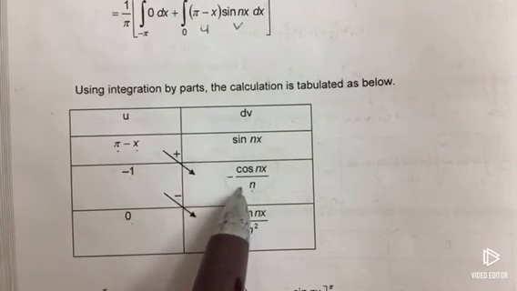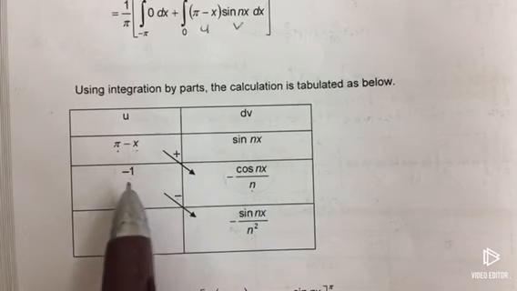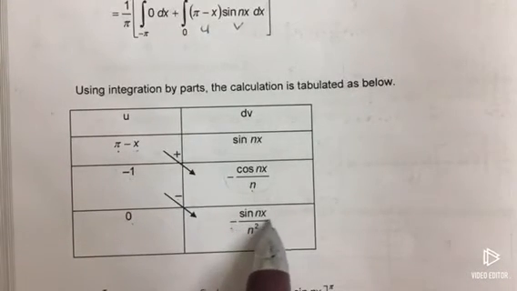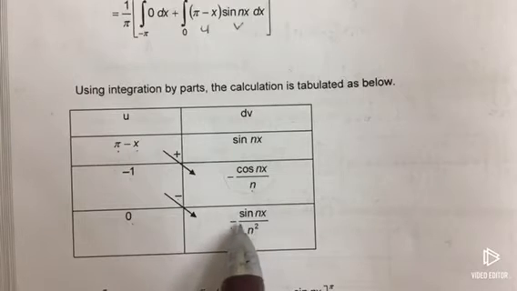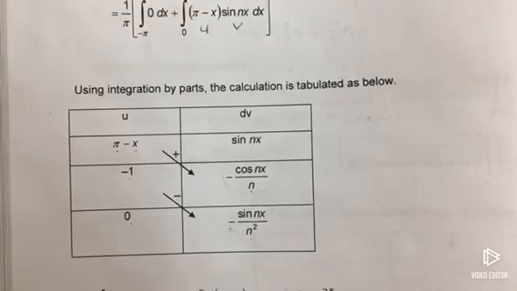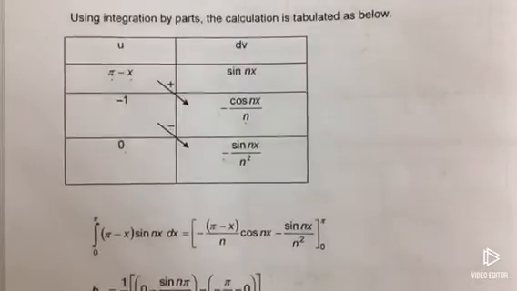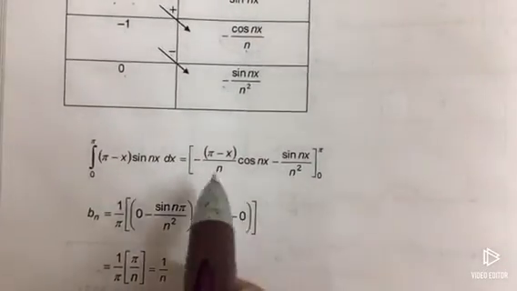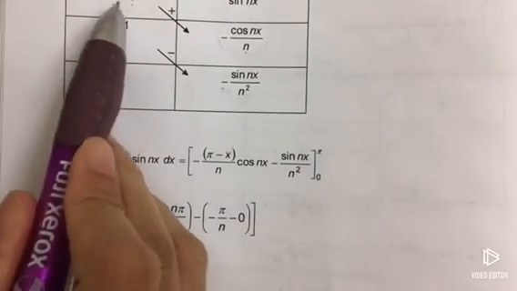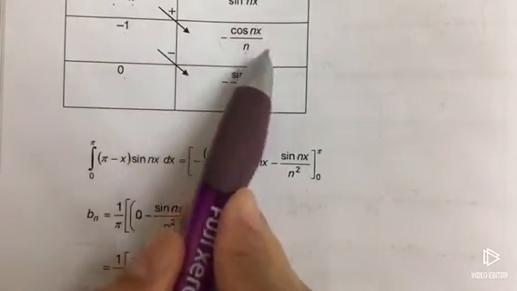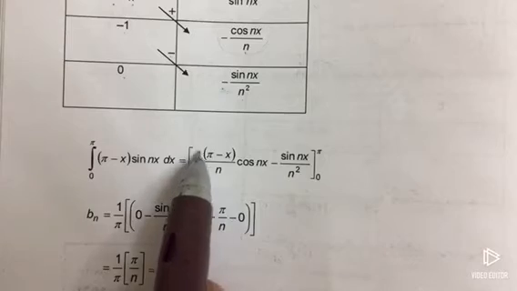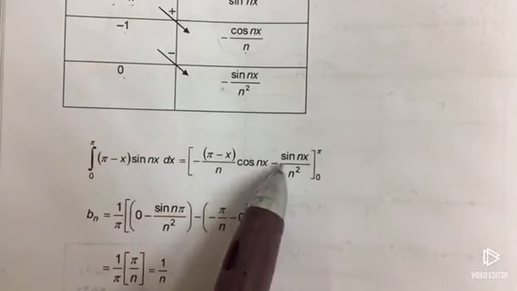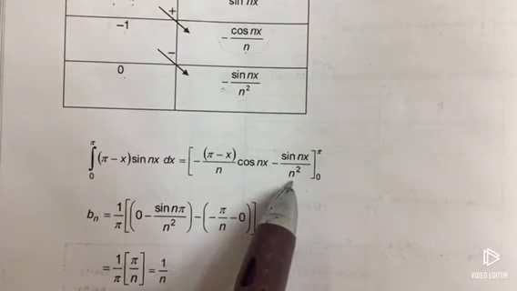Okay, multiply diagonally: pi minus x times positive times negative cos nx over n, plus negative 1 times negative sin nx over n squared, equal to negative sin nx over n squared. So we put the answer in this form. Pi minus x times negative cos nx over n, plus negative 1 times negative, we get negative sin nx over n squared.